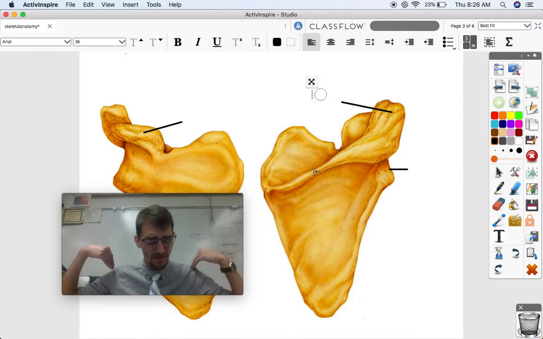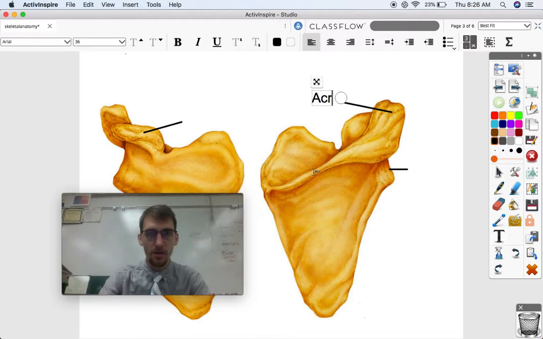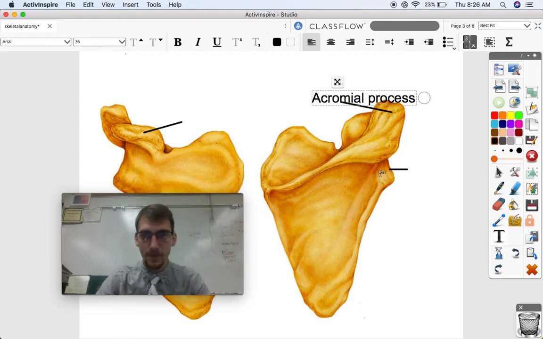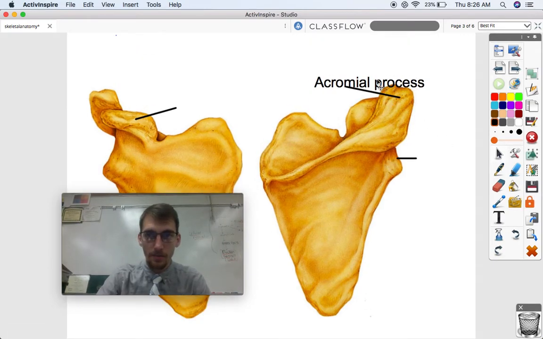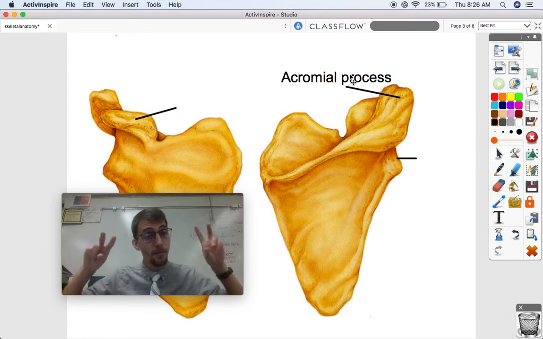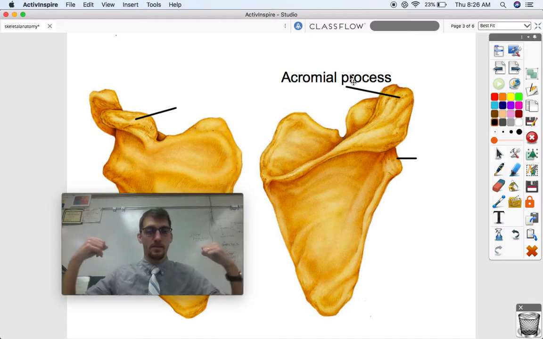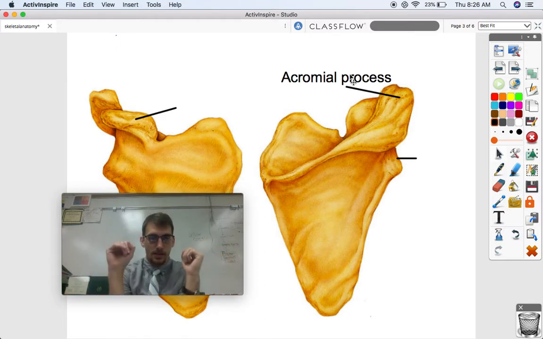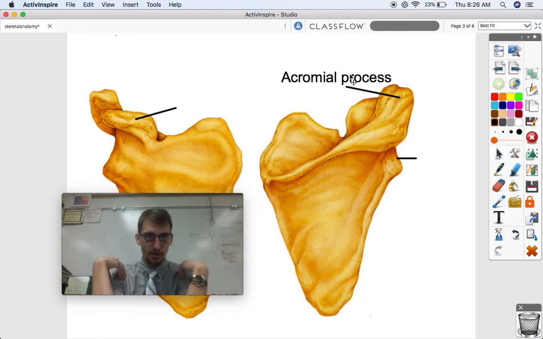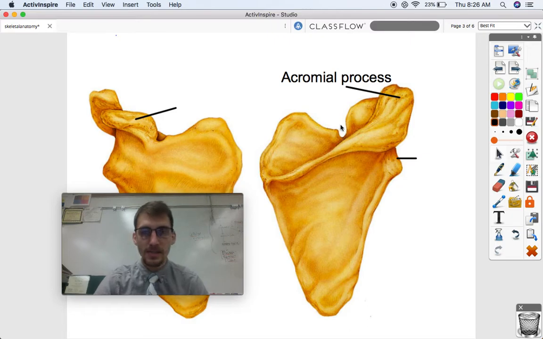Over here, at the most superior part is called the acromial process, or the acromion. This is the point of the shoulder. This is where your scapula articulates with the clavicle. It allows you to do this, and squeeze your clavicles together or bring them back out. So that's called your acromial process.